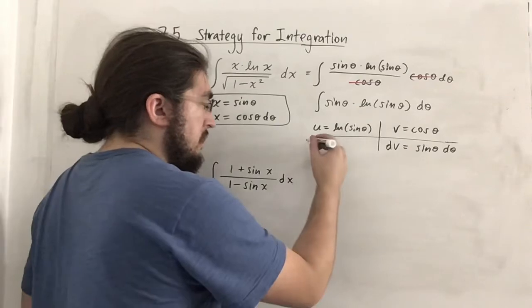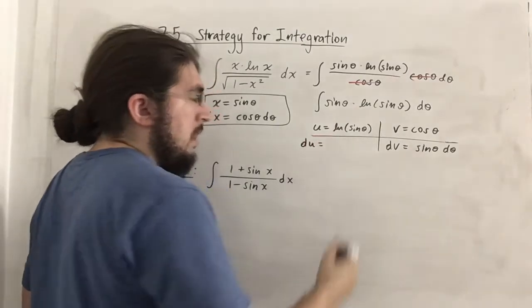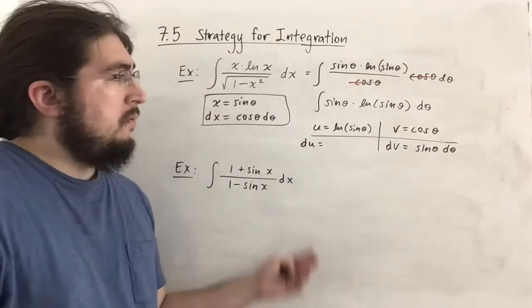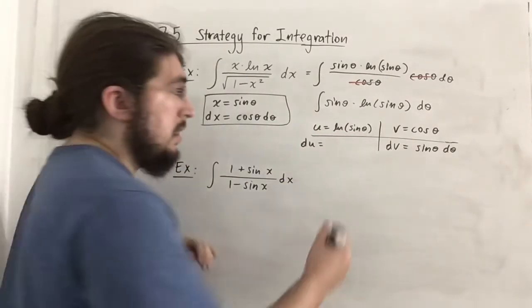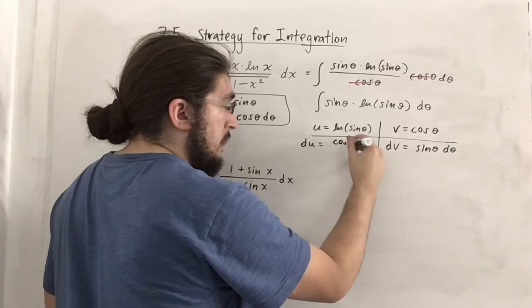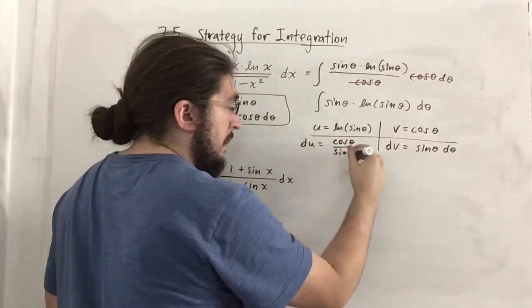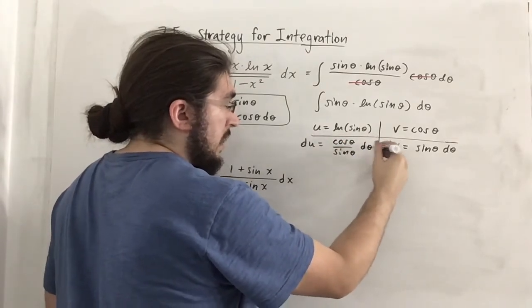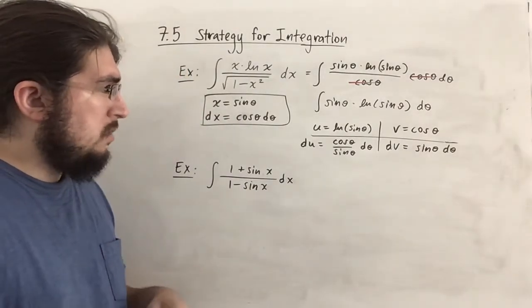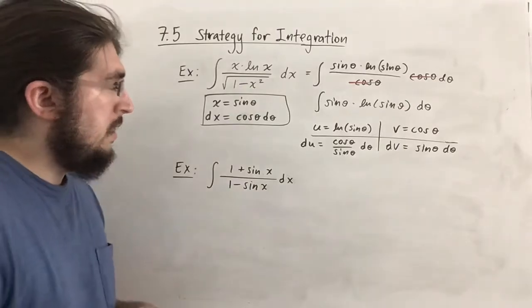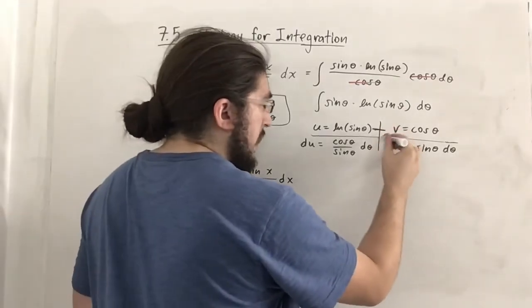Well, notice differentiating is never an issue. Anti-differentiating is the issue. So derivative of this, if you don't know, there's a quick rule for natural log of something. It's just the derivative of the inside over the original inside. So notice this is just going to be a cosine theta over sine theta d theta like that. And this is nice because we get uv, that's fine, minus the integral of v du.